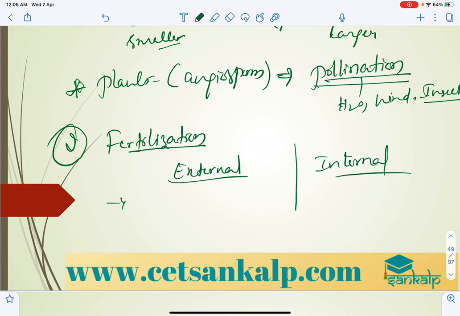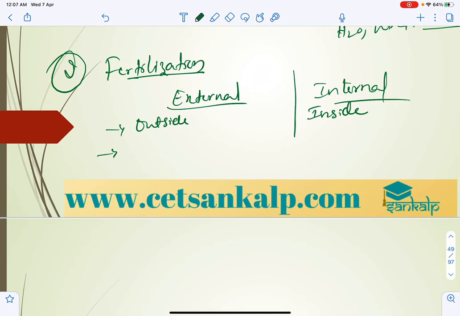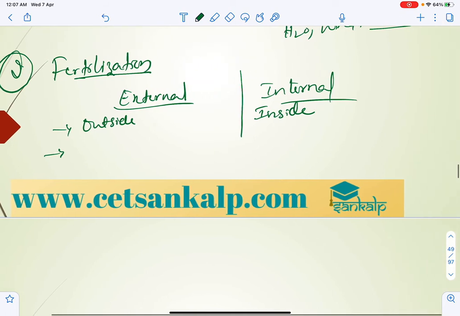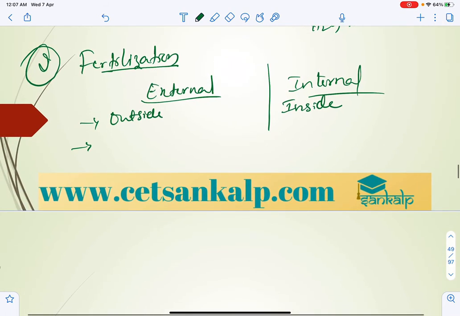External means outside the body. Fertilization takes place outside, whereas internal takes place inside the body. External fertilization always includes a medium, within which it takes place. Among the types of external fertilization, we can mention bony fish and frog.